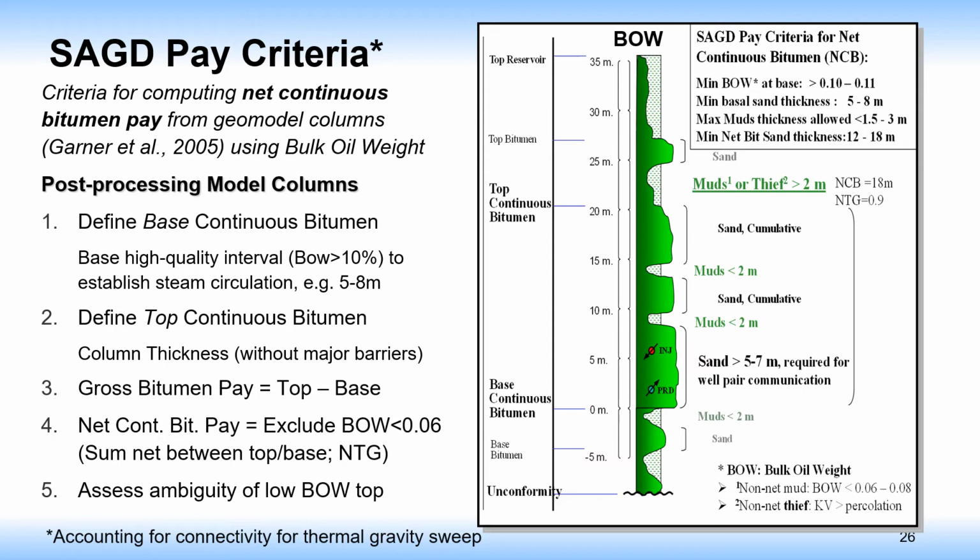What we're looking for is a high quality at the base that's thick enough, purely high quality, to put the producer and injector into. So that needs to be at least 5 meters, and 5 to 7, 8 meters is the target. These aren't completely flat out there, so some tolerance would be needed. I sometimes go down to 5 because of artifacts in the models.